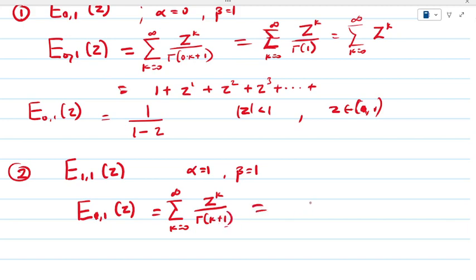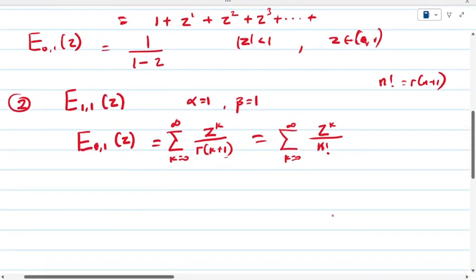Taking this gamma function back to factorial, you should know that n factorial is equal to gamma of n plus 1. So we are going to have z to the k over k factorial.